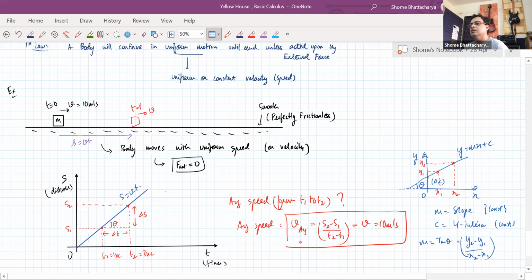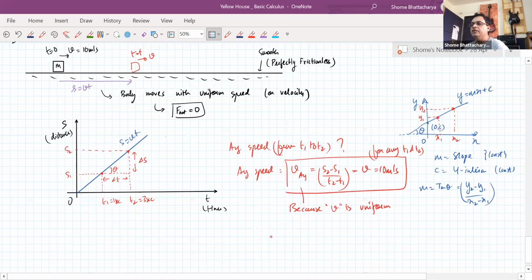But why is this happening? This is because v is uniform, because it is moving at a uniform speed. So the average speed is equal to that uniform speed for any interval of time. This is for any interval. Is this point clear to all of you?